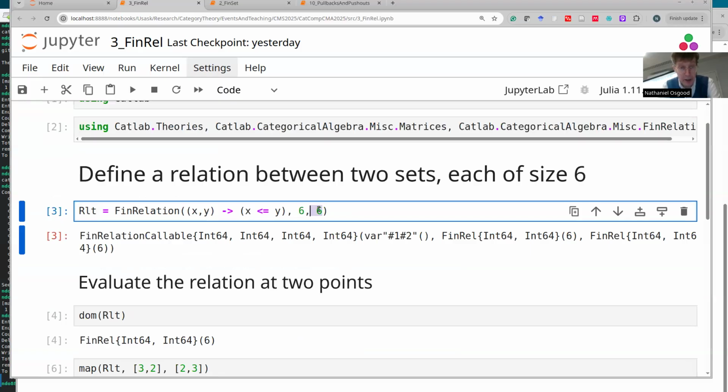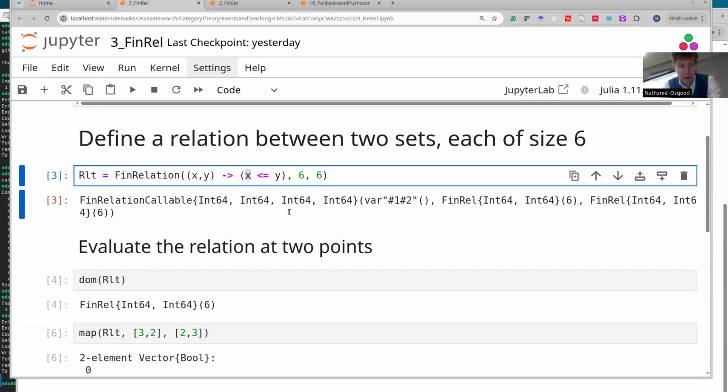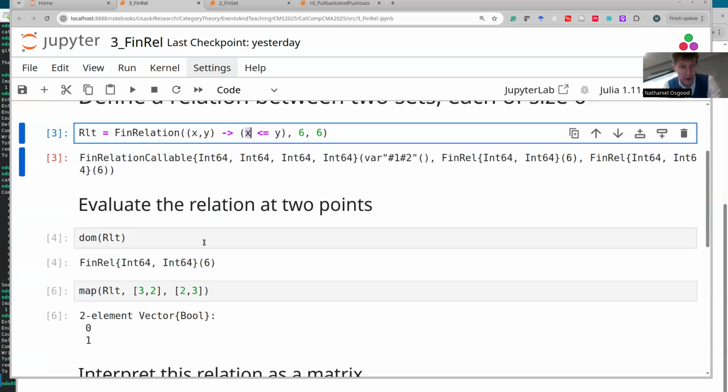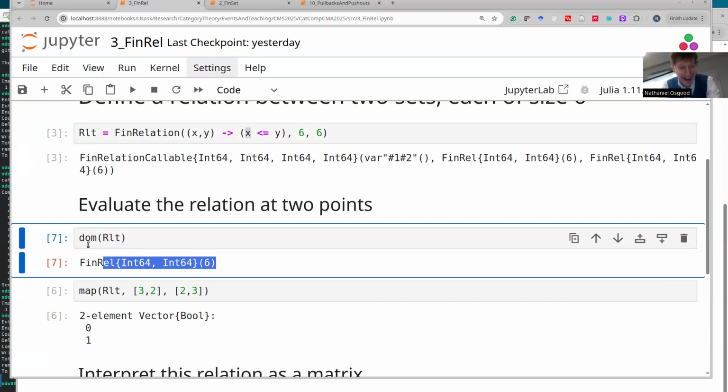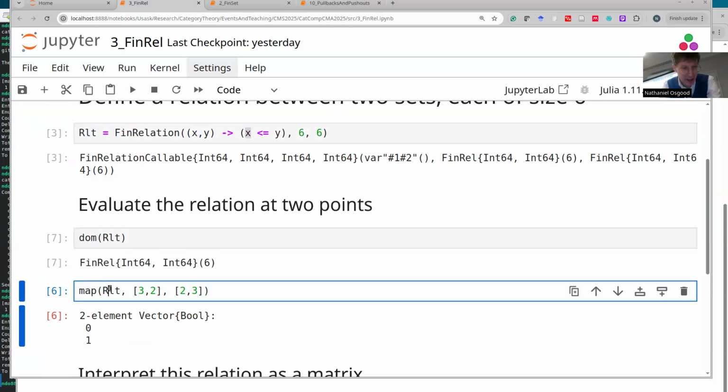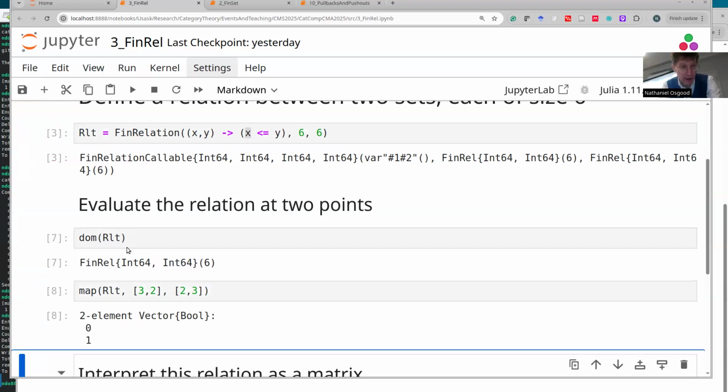So it's a set of size 6 to a set of size 6, and the relation is such that for an element X from the first set and Y in the second set, they have a mapping between them if X is less than or equal to Y. And the 6s there are just to tell you the domains. Correct. It's a FinRel of 6, a set of size 6, and this is just evaluating that mapping.